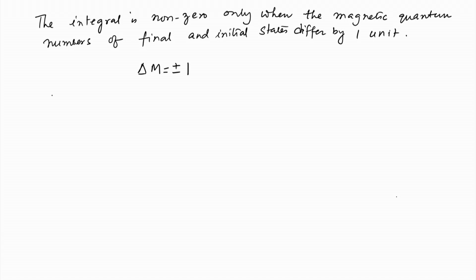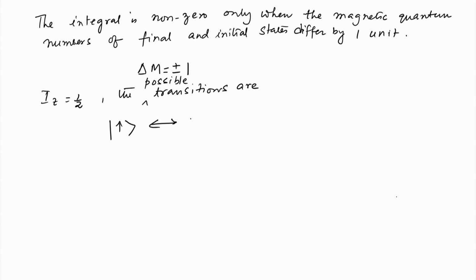So, since we have I z equal to half, the possible transitions are between the up going to down, and the down similarly going to up, and vice versa.